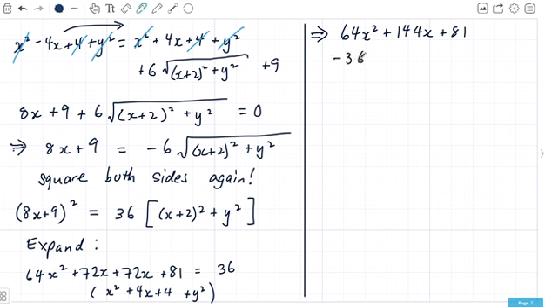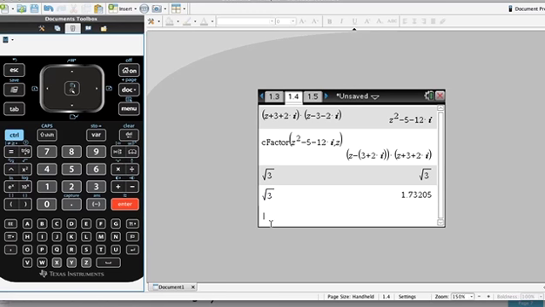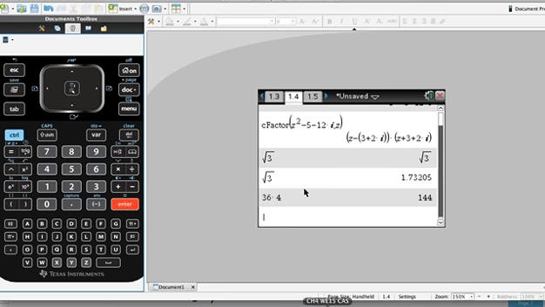Here I'm just expanding this bracket and taking it all to the left side. So we're going to have minus 36x squared, minus 36 times 4x, minus 36 times 4, minus 36y squared. I've put everything over that side, and what you'll find is that 36 times 4, we should use the calculator, is 144.